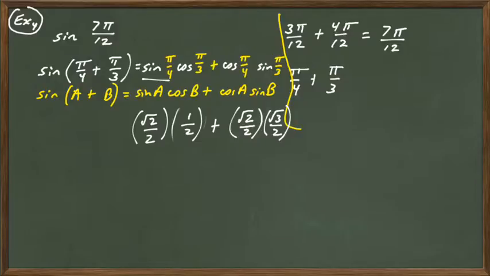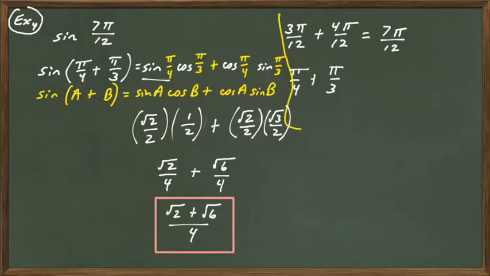So when we multiply these, top times top, bottom times bottom, these could be written as a single fraction as they have a common denominator. So this should be the answer for example 4. Okay, this was an example of a sum using the sine.